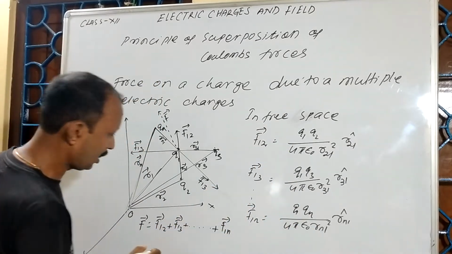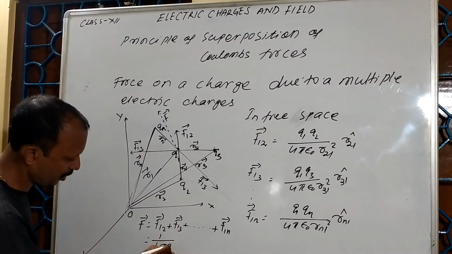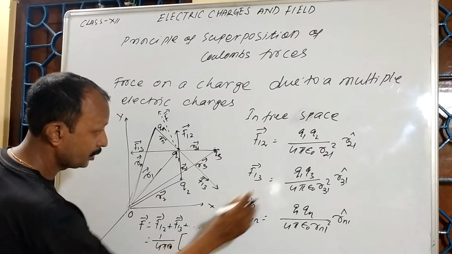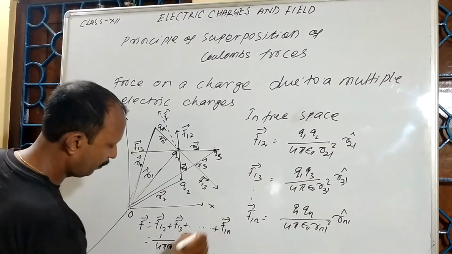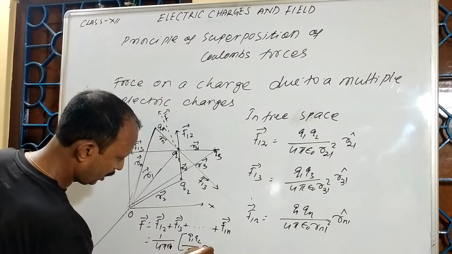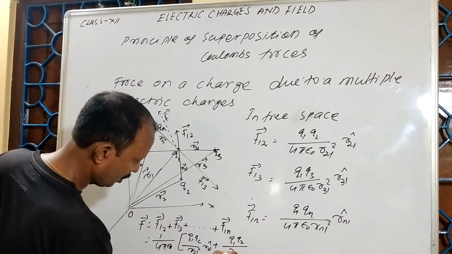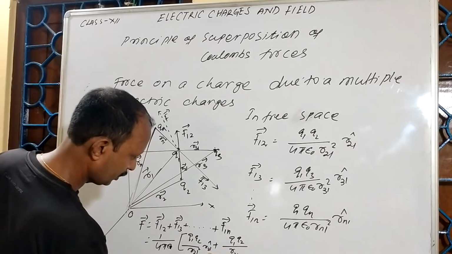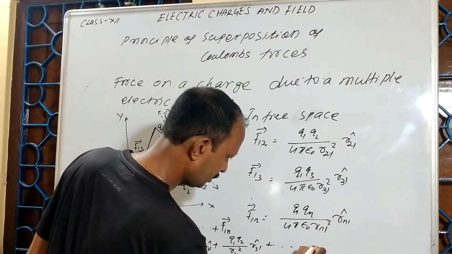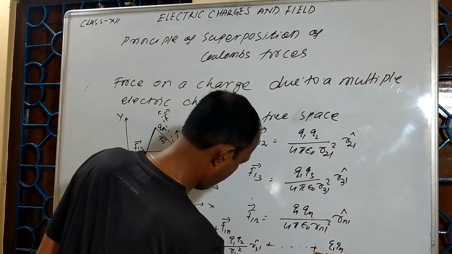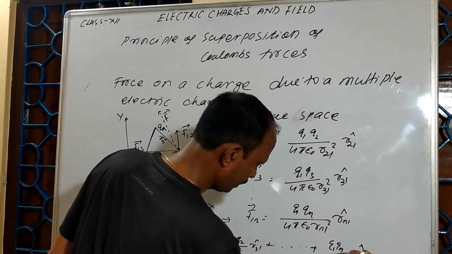If I add this, I can say that this is 1 upon 4 pi epsilon naught, q1 q2 upon r21 square r21 cap plus q1 q3 upon r31 square r31 cap plus q1 qn upon rn1 square rn1 cap.